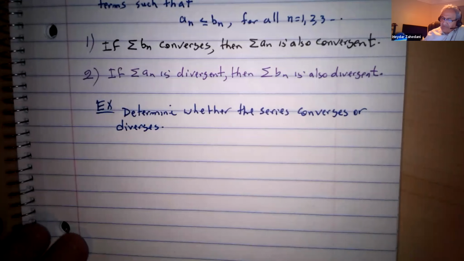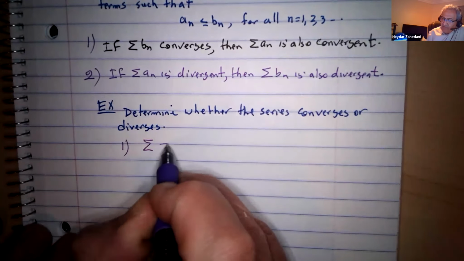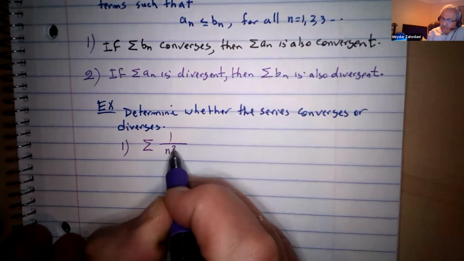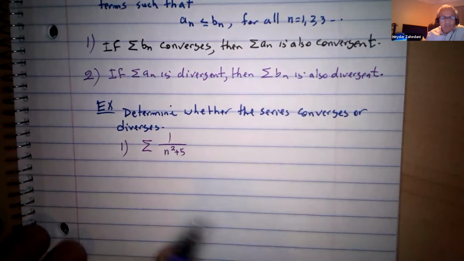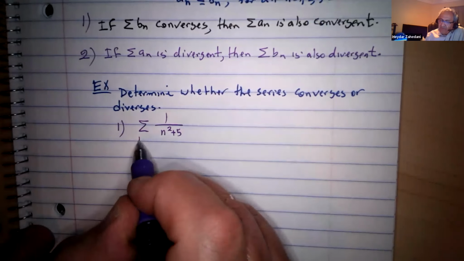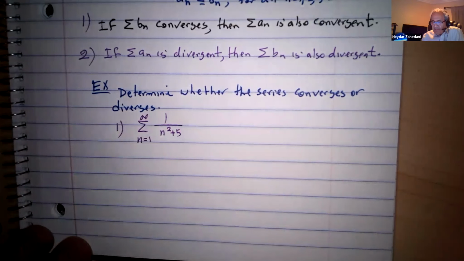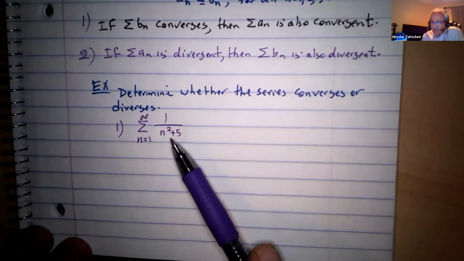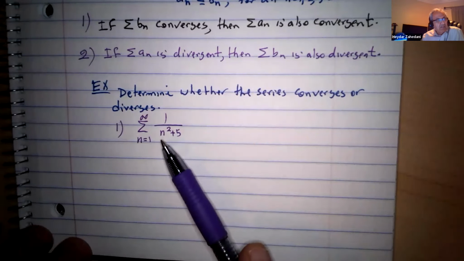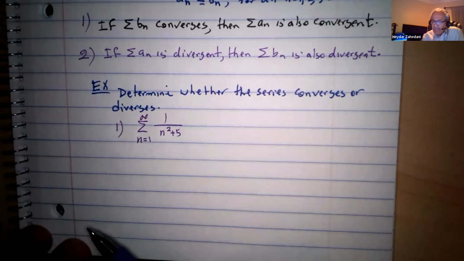Okay, let's check the first one. It is sigma of 1 over n squared plus 5, n from 1 to infinity. The way you think about it is to check whether it is similar to other famous series that you have.